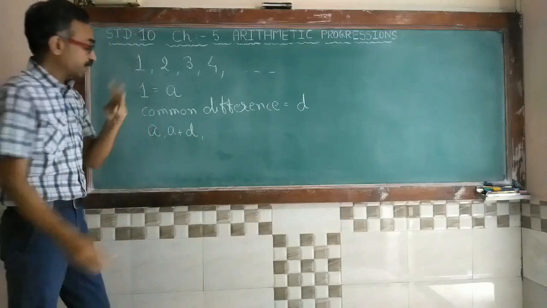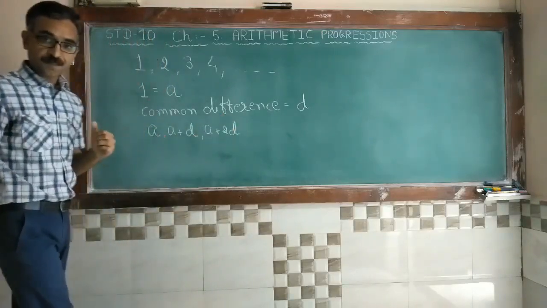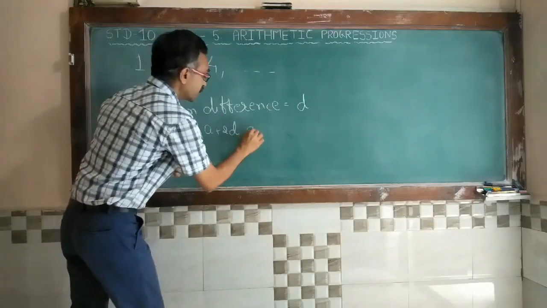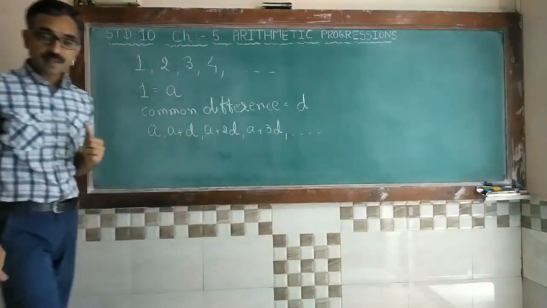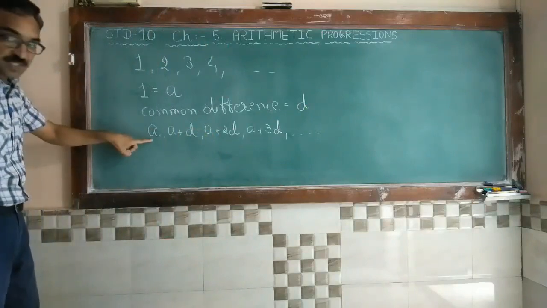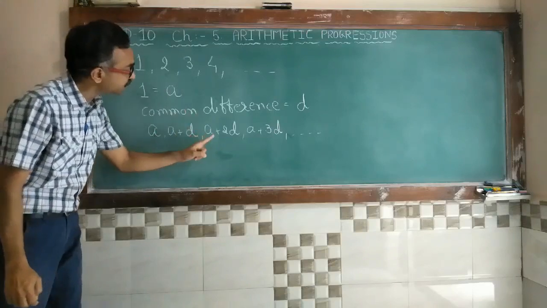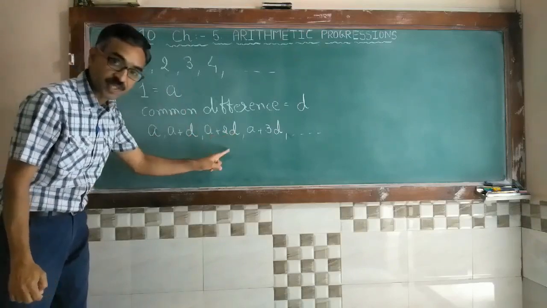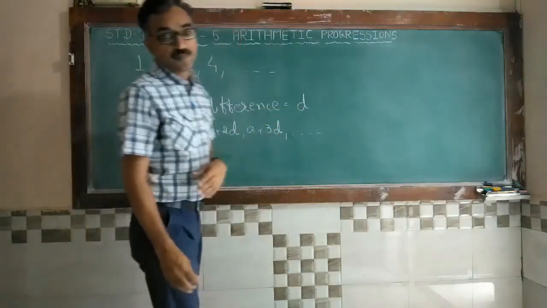Now your third term is a plus 2d. Then a plus 3d. So now first term is your a, second term is your a plus d, third term is your a plus 2d, fourth term is your a plus 3d, and so on.